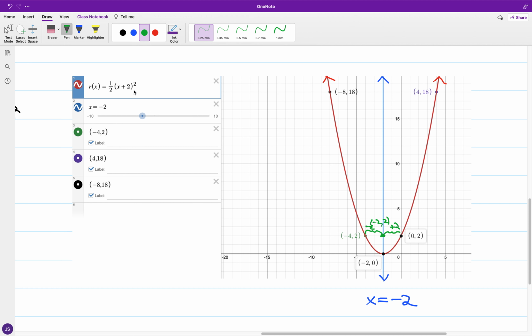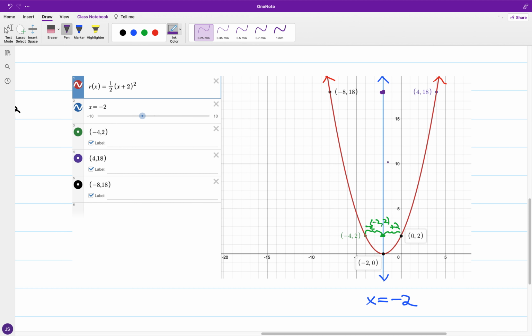If I choose x at 4, your y value is going to be 1/2 of 4 plus 2, raised to the second. So 4 plus 2 is 6, and 6 squared is 36, and half of 36 is 18. So when x is 4, your y value is going to be 18, and so we have this particular ordered pair.